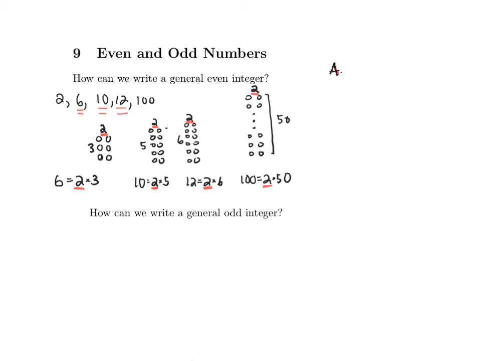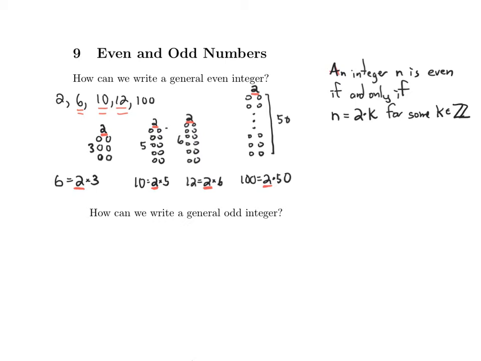An integer n is even if and only if you can write n as 2 times some other integer. I'm going to call it k, and then I'll tell you what k is. For some k, which is indeed another integer.